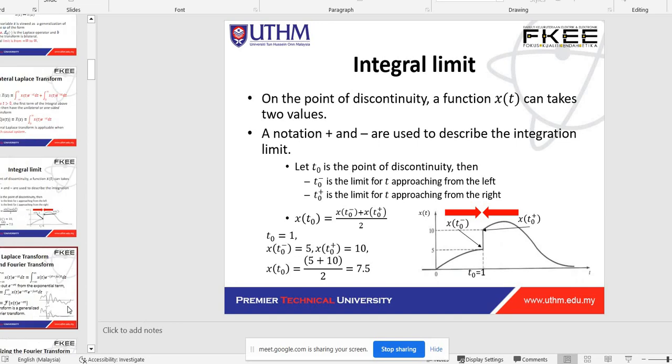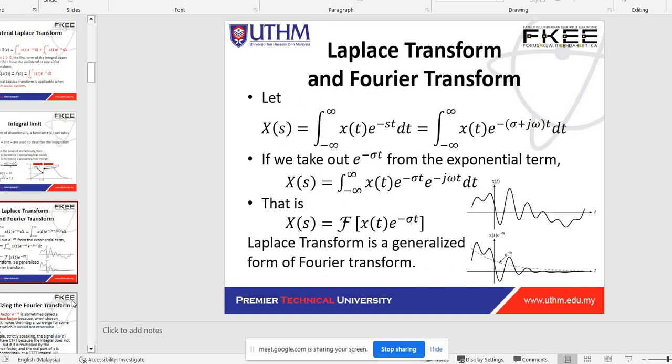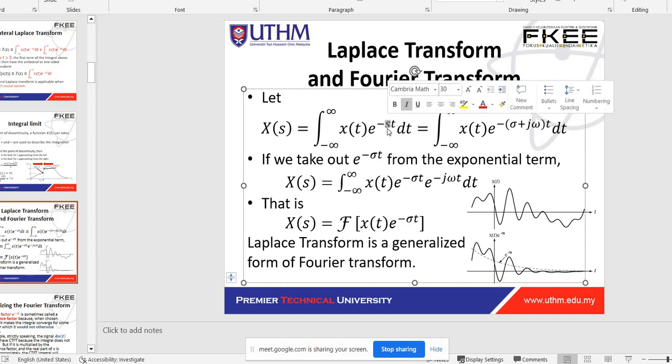This is just the relationship between the Laplace transform and Fourier transform. Just now I told you that s refers to sigma plus j omega, right? So if we take out the exponent of negative sigma t from the exponential, we are left with x(t) e to the negative sigma t times e to the negative j omega t.